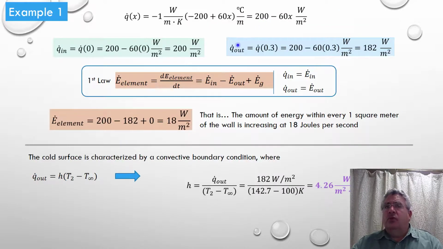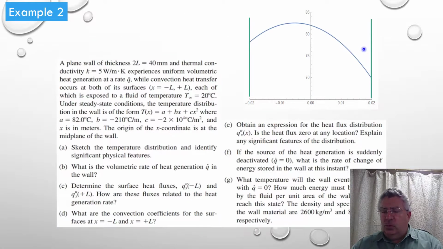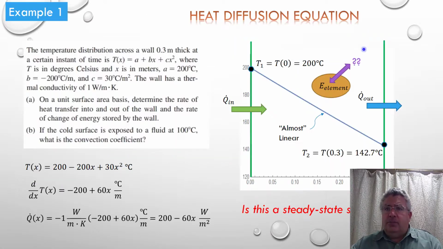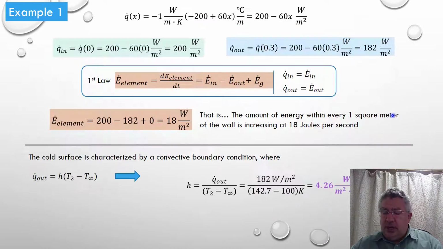The right-hand wall, if I evaluate it at x equaling 0.3, evaluates to a positive 182 watts per square meter. So that means that I'm also in the positive direction, but this is causing energy to leave the wall, and it's at 182 watts per square meter. So they're not equal to each other.